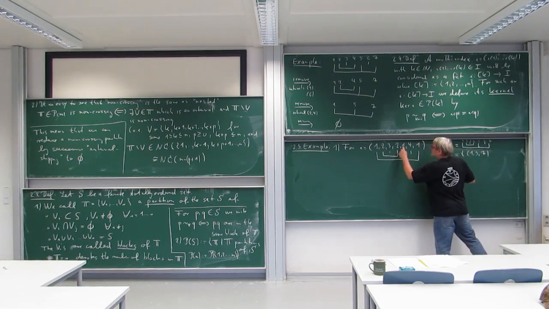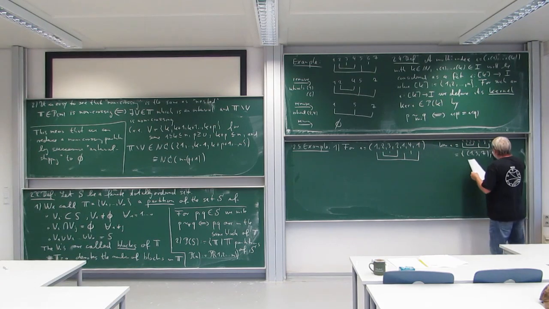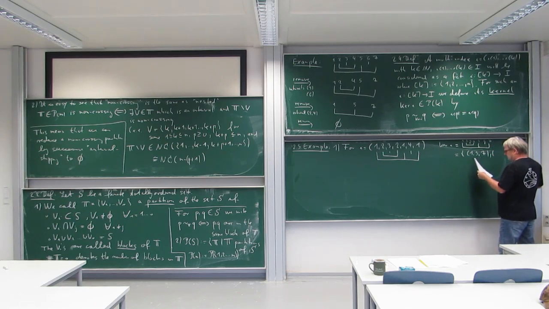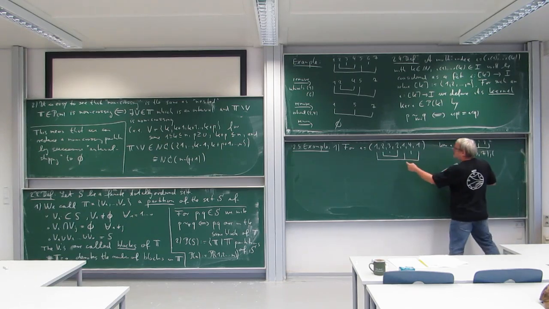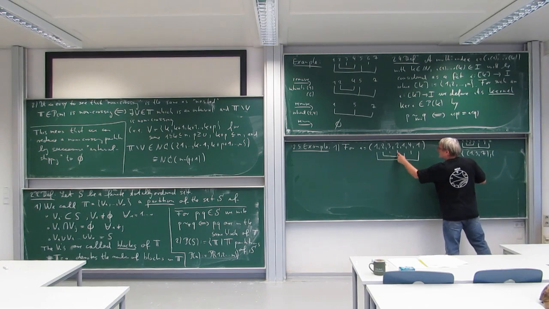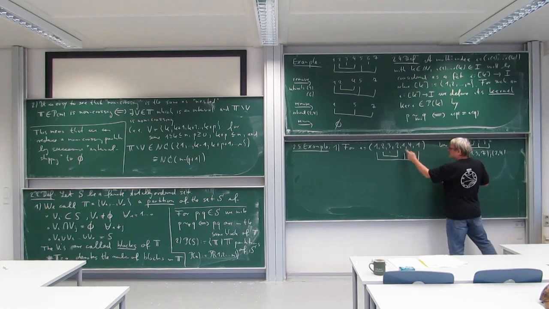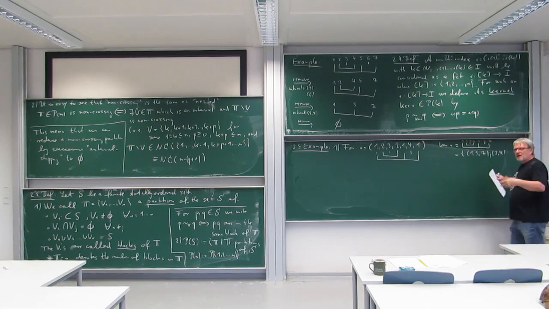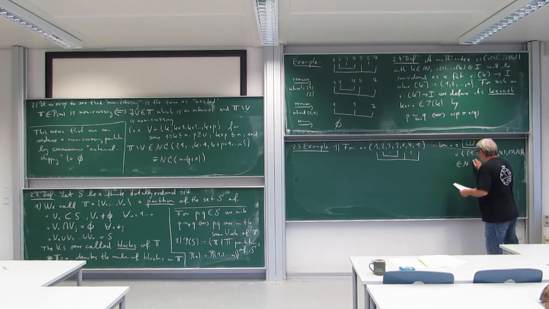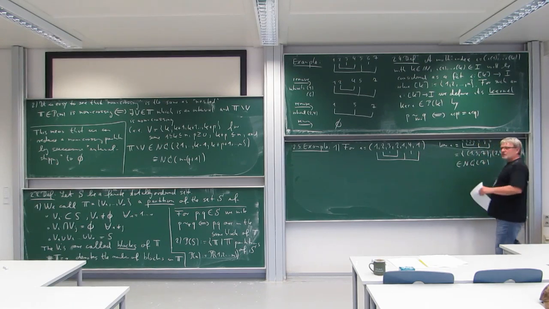Then the positions 2 and 4. And then position 3 and position 6, they are blocks of their own. They only appear once. And of course, this is a non-crossing partition of 7 elements.